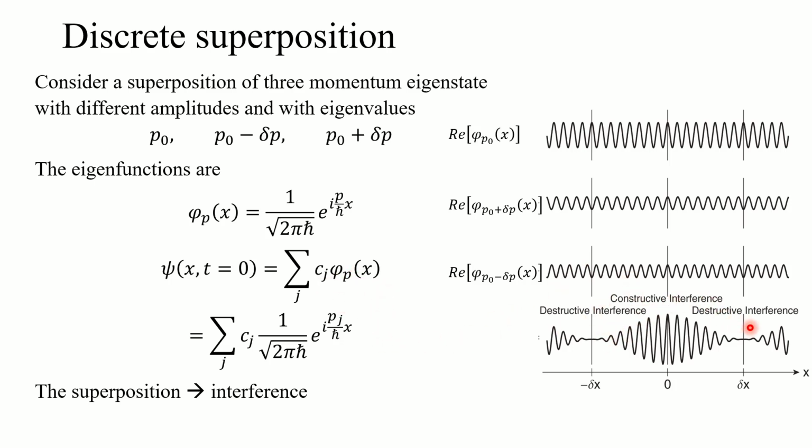We get this destructive and constructive interference, right? So if we look right here along this line, all three of our momentum eigenfunctions have a maximum there. So we're going to have constructive interference and make a maximum, but at some distance in space away, some delta x, because of the difference in wavelengths, because they all have different momentum values, we have a minimum here and a minimum here and a maximum here.